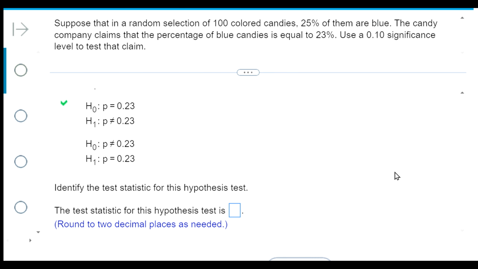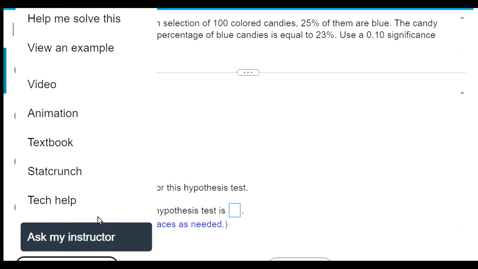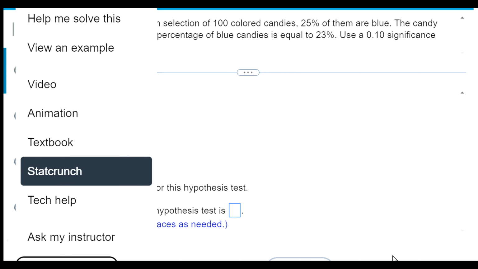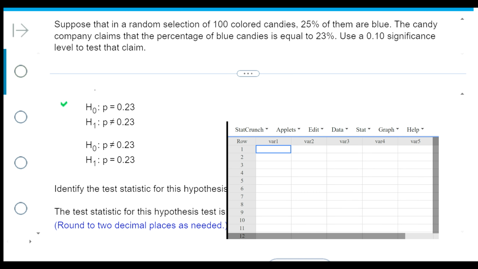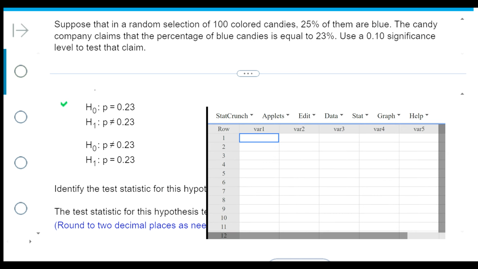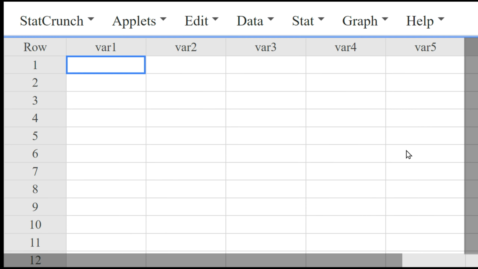Identify the test statistic for this hypothesis test. All right. Well, I'll get Statcrunch open. You can do that by going to the Get More Help down here, clicking on Statcrunch, and then the Statcrunch window will open up. So here is my Statcrunch window. I'll just make it bigger.